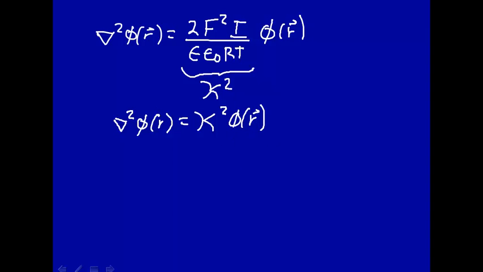Now what we're going to do is set up a particular system. Again, let's use a sphere. So we have a charged sphere, and what we're looking at is the potential away from that charged sphere. Let's use spherical coordinates.